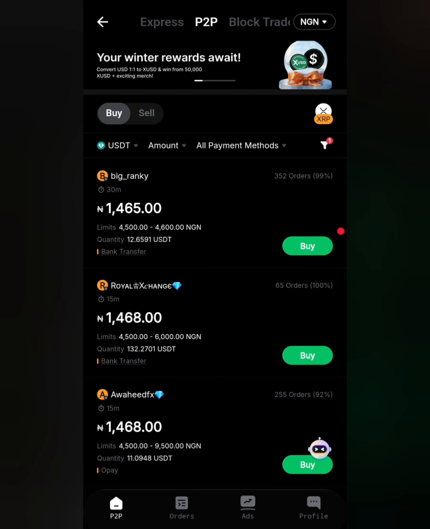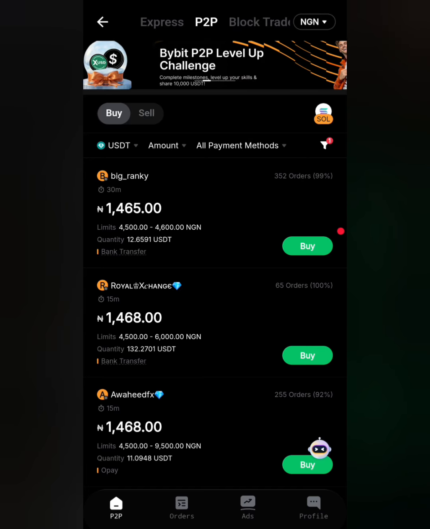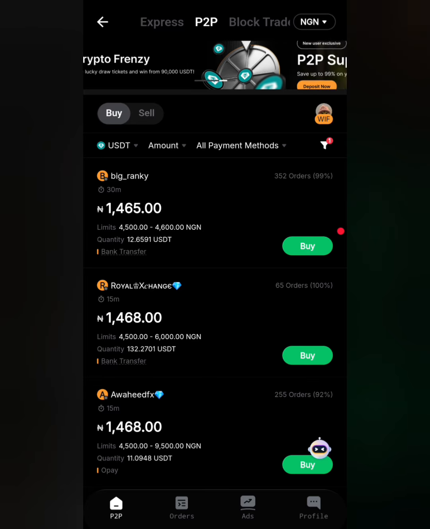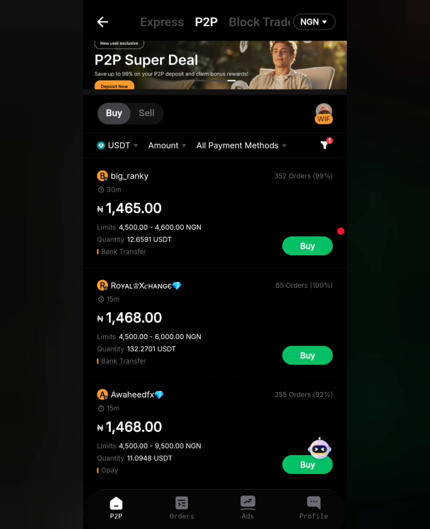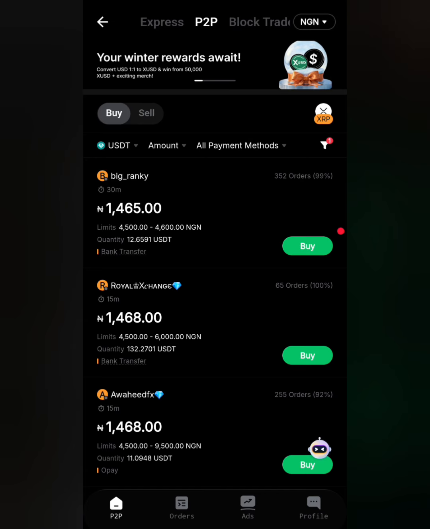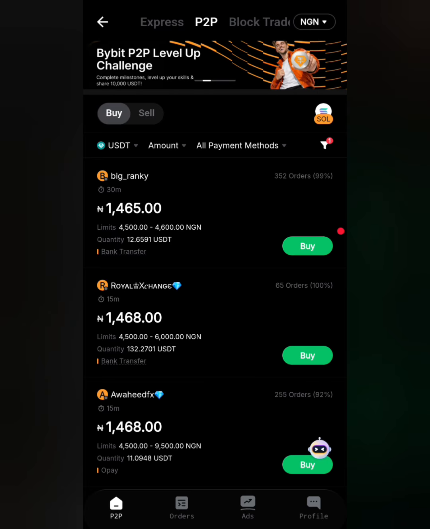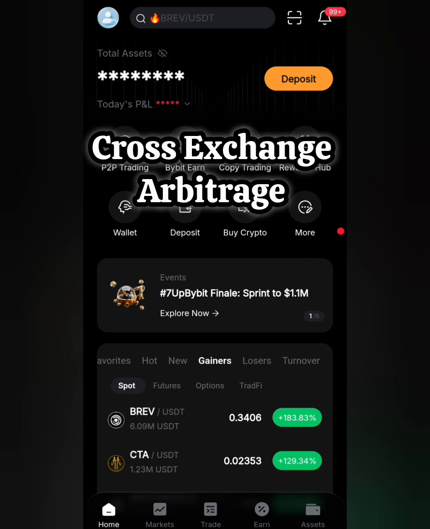So the P2P market actually depends on your country. If your country actually allows crypto transaction easily, you could enjoy it. But if your country is actually strict or a little bit strict with crypto transaction, you might actually face some challenge on it, okay.